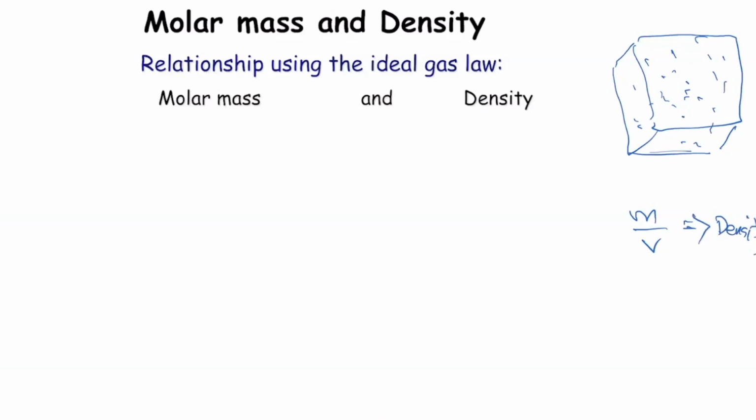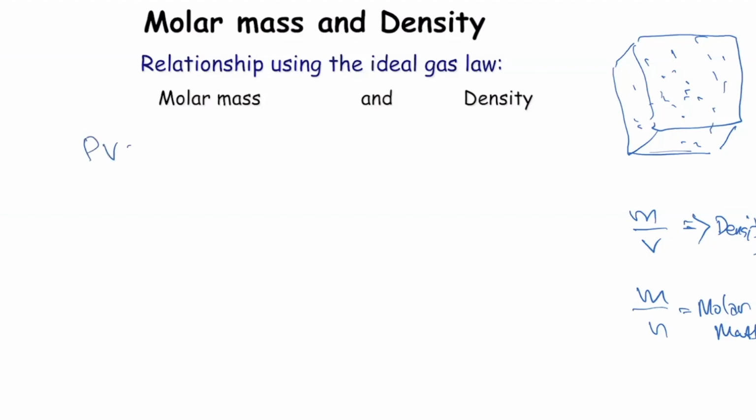That gas in that container also has a certain mass and a certain number of moles. What is mass over moles? That's a molar mass, grams over moles. So we can actually calculate the density and the molar mass of a gas using the ideal gas law.